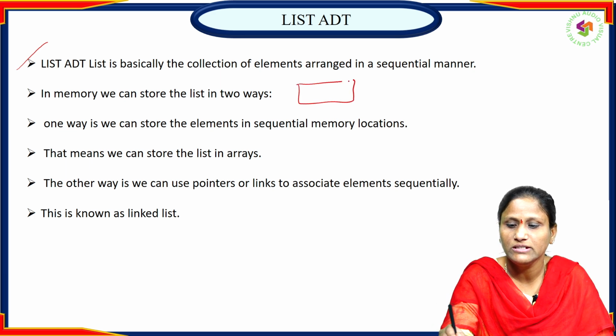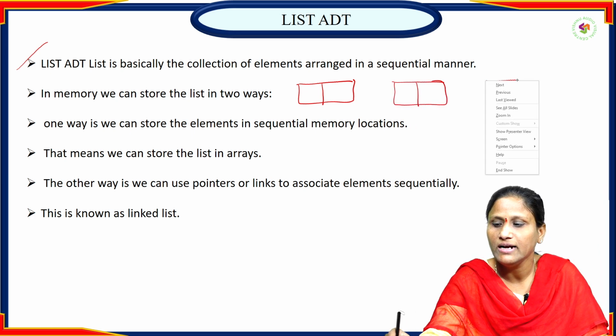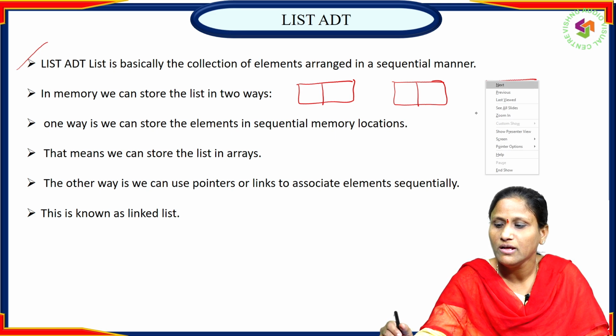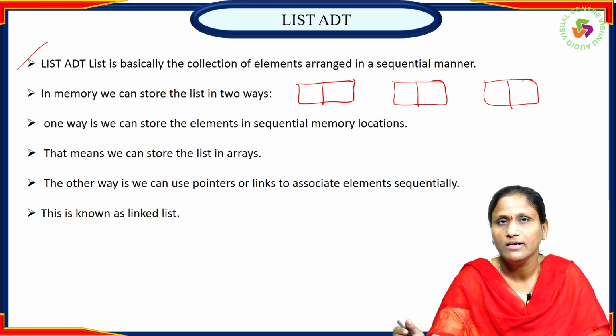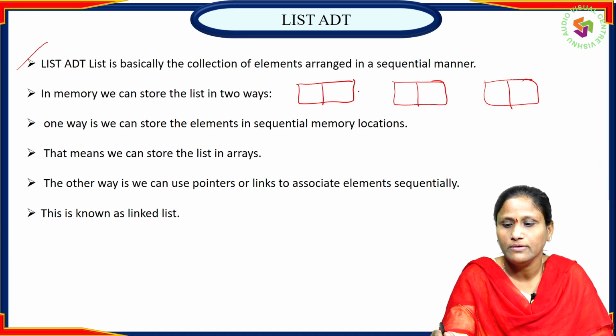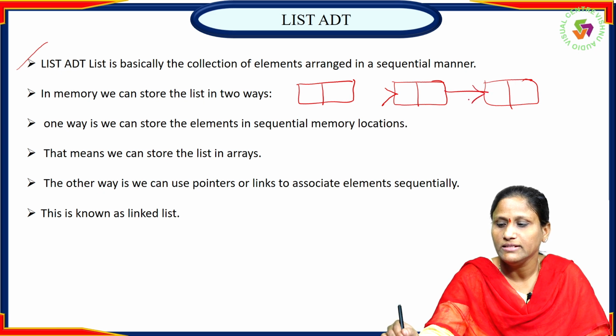So this is one node which contains two fields, and this is another node which contains two fields, and this is another node which contains two fields.